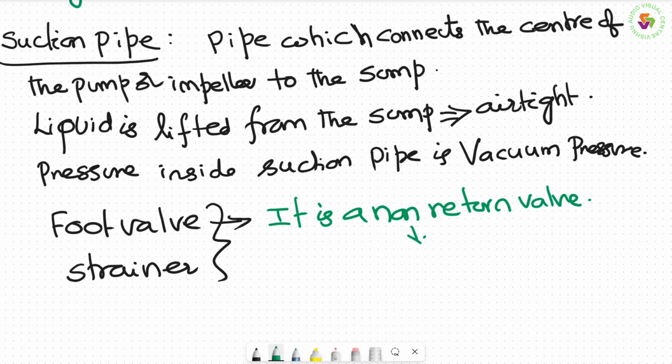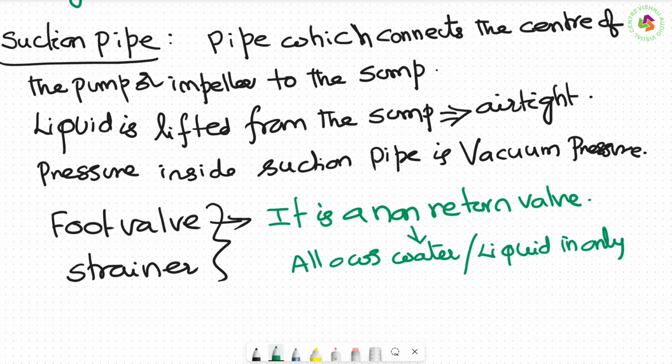What do you mean by non-return valve? That means it allows water or liquid in only one direction, that too in the upward direction.